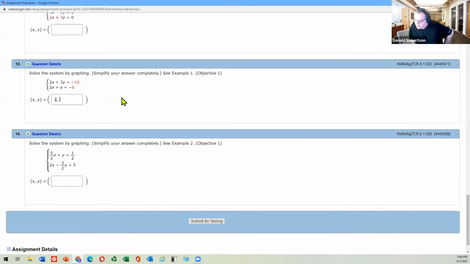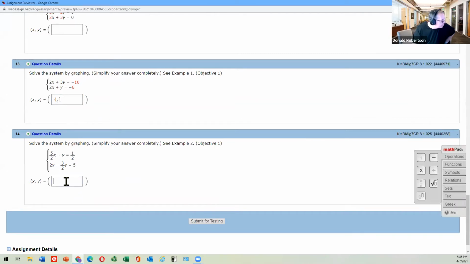That's all you do, 4, 1, right? Suppose the answer was 4, half. Do you notice that when you click 4, there's a little thing over here that appears called MathPad? Can you see that? Right, so that's very helpful if the answer is like 3/4 and 5/4, right?